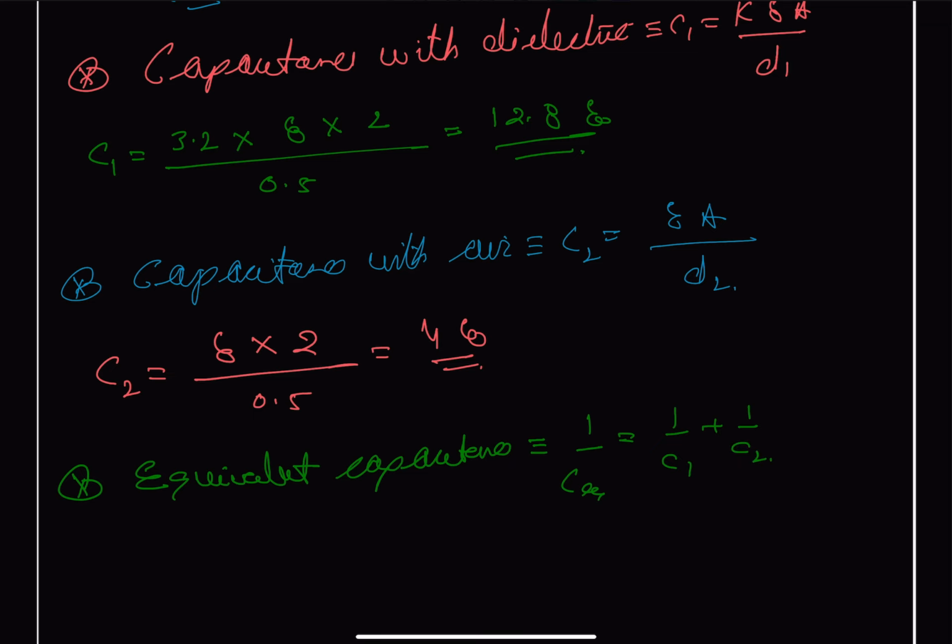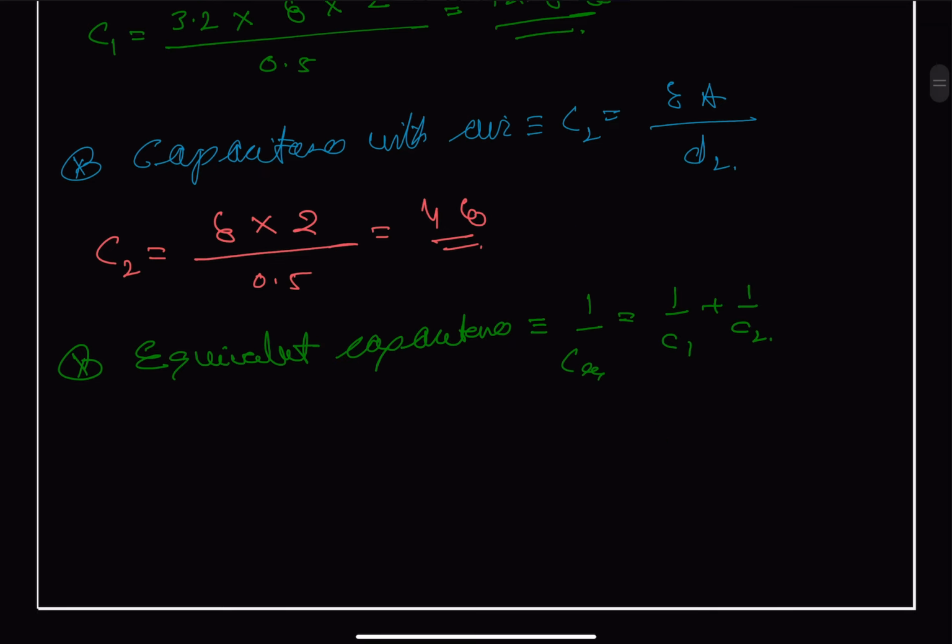We substitute the values. We get 1 upon C equivalent equals 1 upon 12.8 times epsilon naught plus 1 upon 4 epsilon naught. Epsilon naught we can take as common, and inside we are left with 12.8 as the LCM.